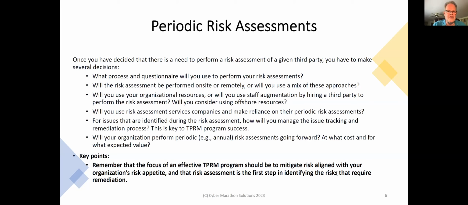We assess to identify risk, and once identified, to remediate that risk. It's called the third-party risk management program for a reason, and that reason is to identify and remediate risk. And if you're not remediating risk, then don't bother doing a risk assessment. That's an absolutely key point.